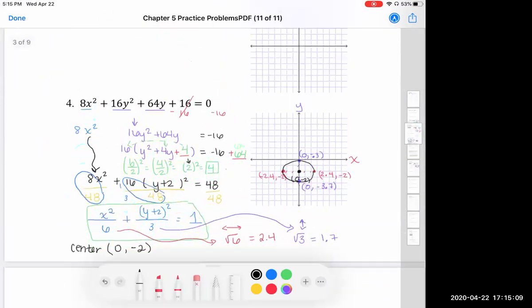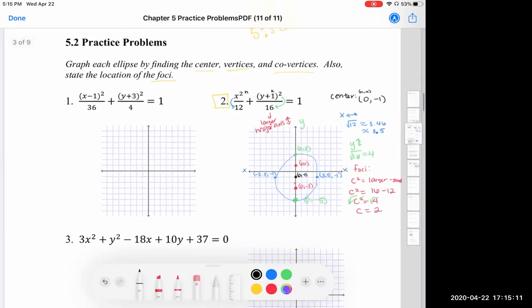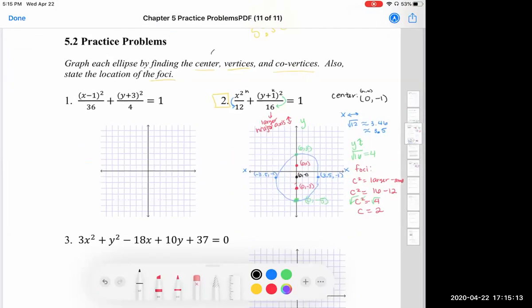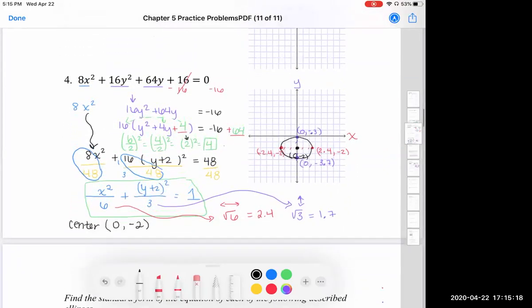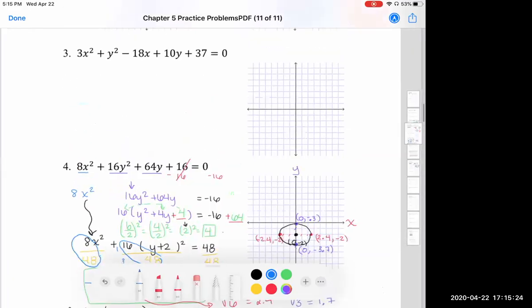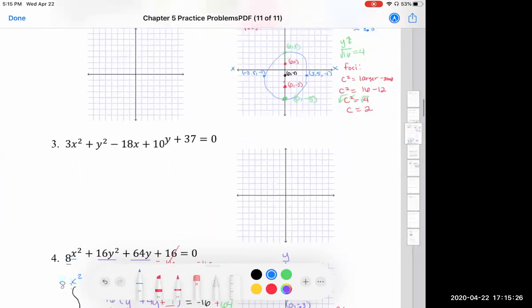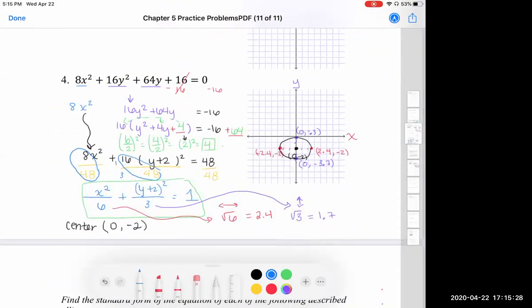Now, did we answer our question fully? It wants our center, we did our vertices and co-vertices, or our foci. Okay, our foci for our ellipse is made up of, what is it made up of? We have it here, larger minus the smaller, right?